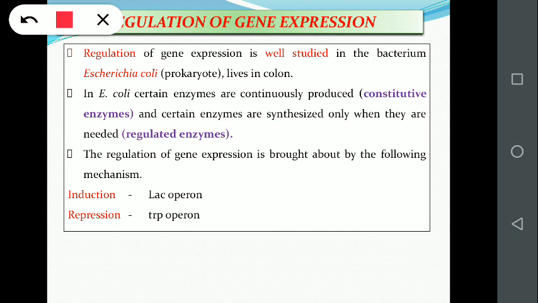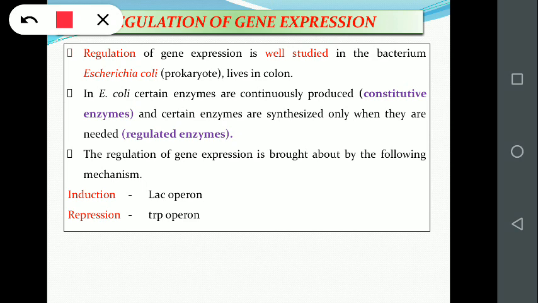So they constitutively, meaning continuously, express these genes and produce their corresponding proteins, which are essential for the maintenance and life of E. coli cells. That means there is no regulation for the constitutive genes. They don't depend on environmental factors.